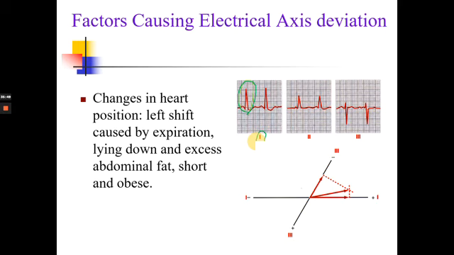Say this is lead 1, or you take lead 2 or lead 3. This is the algebraic summation of the QRS.